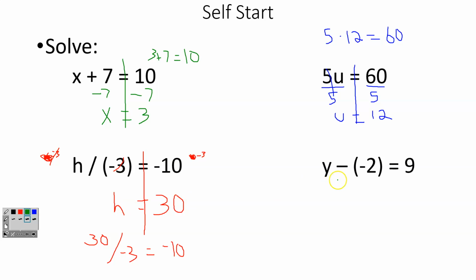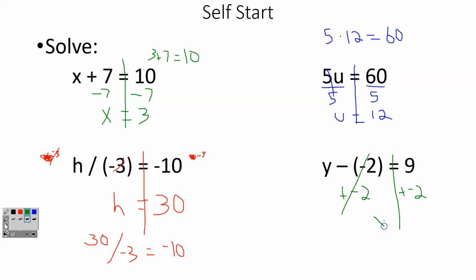And finally, y minus a negative 2 equals 9. I'm going to draw my fence. The opposite of subtracting a negative 2 would be to add a negative 2. So I'm going to add a negative 2 to both sides.